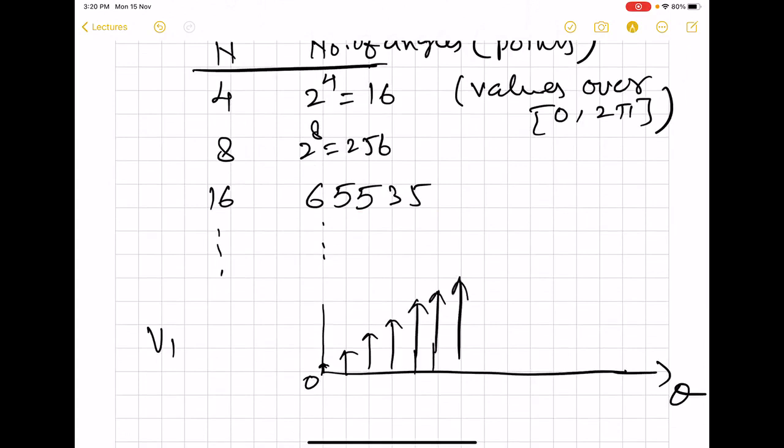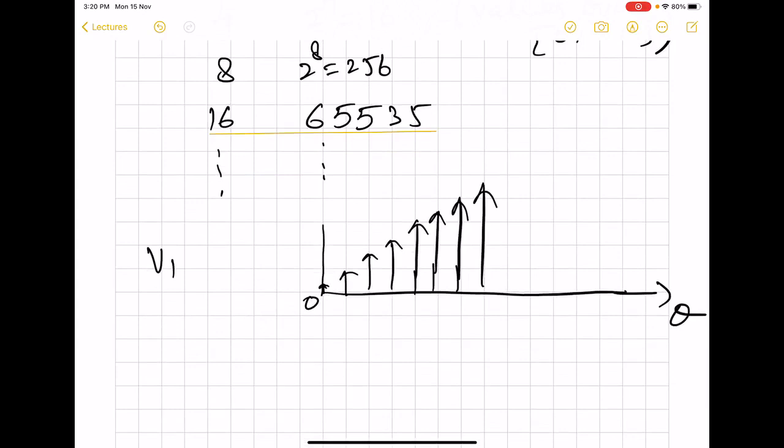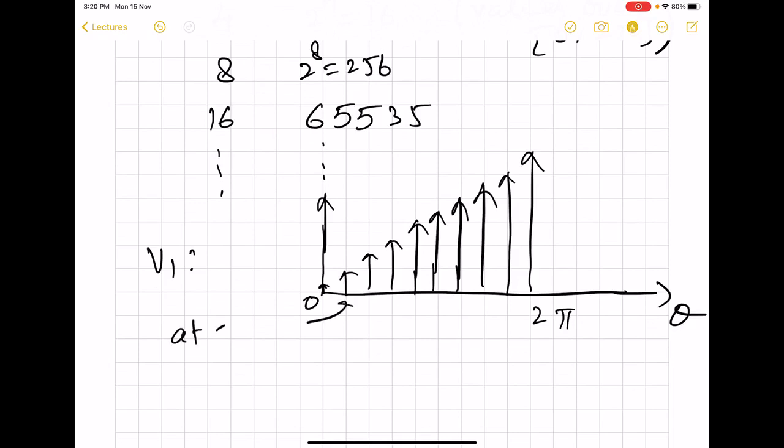So at every clock edge, one of these angle informations will be produced. So let us say that we have up to here 2 pi. So this completes the one cycle of the sinusoid. So output V1 is going to be like this, and all these will be at every clock edge. So that means the gap between any two angle information is going to be equal to T clock.